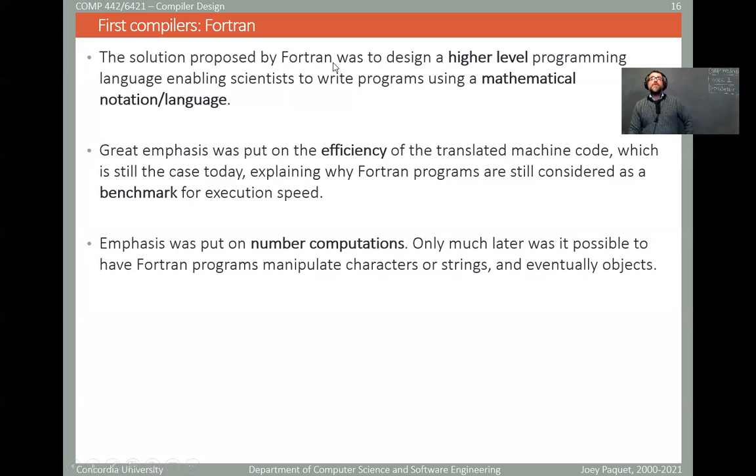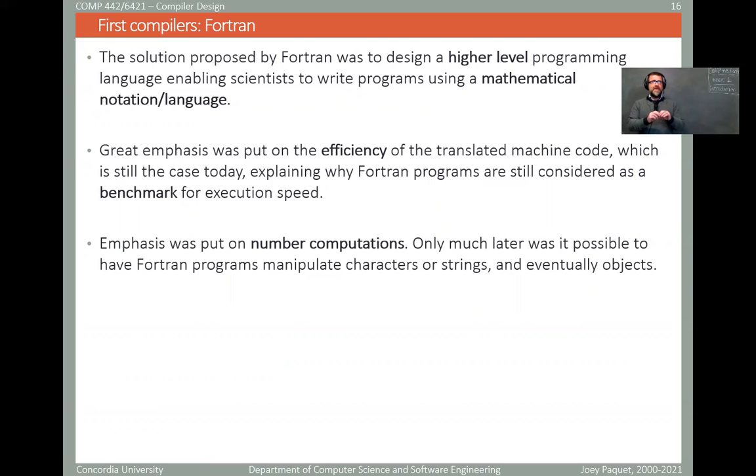So what was the goal of Fortran? It was to provide a high-level programming language that enabled the scientists who were using the computer to actually write their mathematical formulas in the program, and not having to somehow translate their mathematical formulas into the executable program.